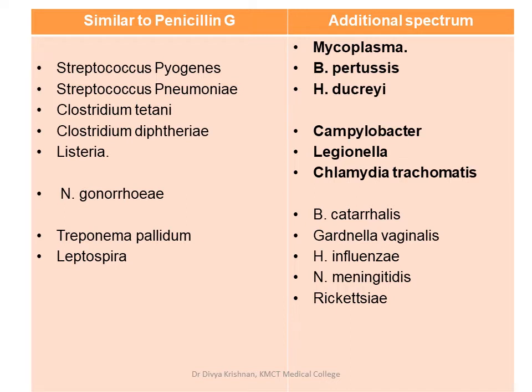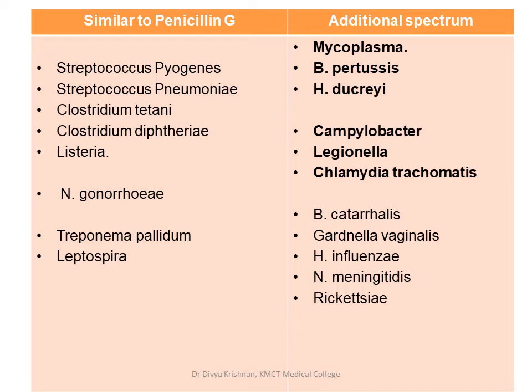There are other bacteria also included under the additional spectrum, that is Moraxella catarrhalis, Gardnerella vaginalis, Haemophilus influenzae, Neisseria meningitidis, Rickettsia. However, you have to remember the first six bacteria as important members of the additional spectrum. I'll repeat again: Mycoplasma, B. pertussis, Haemophilus ducreyi, Campylobacter, Legionella, Chlamydia trachomatis.